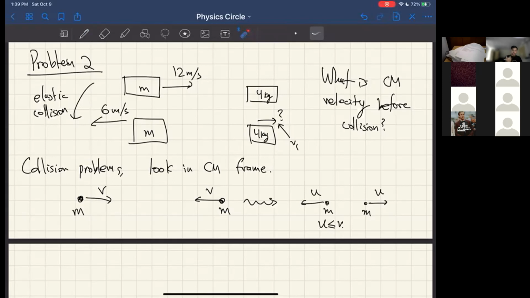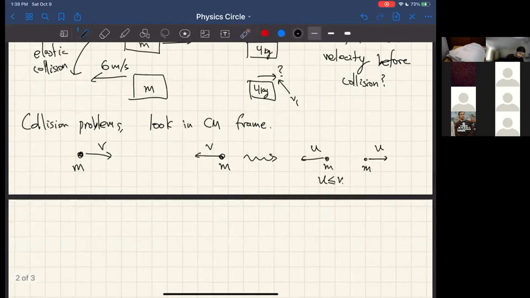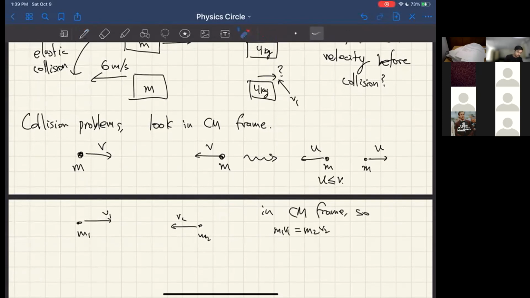But in this case, you can see that collisions in the center of mass frame are a lot simpler. And more generally, if I have m1, v1, m2, v2, and this is in a CM frame, so I'm already assuming m1 v1 equals m2 v2, because this is what we need for the total momentum to be 0.